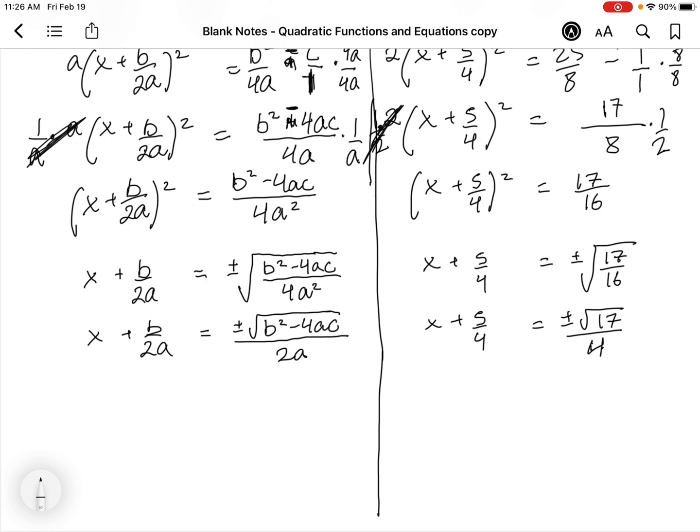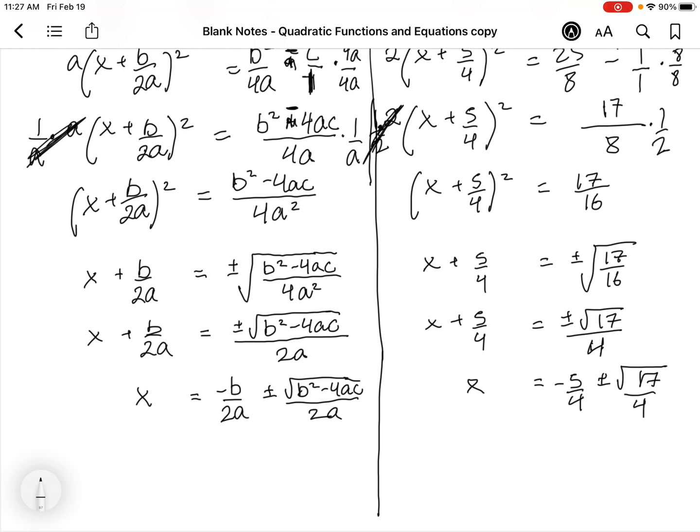Okay, and then the only thing left to do is subtract this b over 2a from this side, or in the other equation, subtract 5 over 4 from this side. So when I subtract that from both sides, I'm going to have x equals negative b over 2a plus or minus the square root of b squared minus 4ac over 2a. And here I'm going to have x equals negative 5 over 4 plus or minus the square root of 17 over 4.